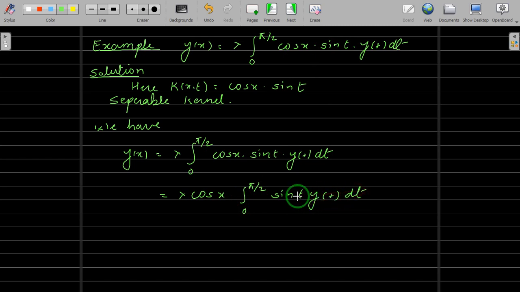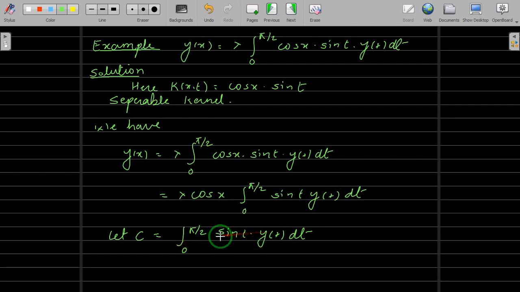You cannot take sin t outside because you are integrating with respect to t, and sin t is a function of t. That's very simple, common sense. So next we take whatever integrals we had as c_i. Now we have only one function, so let c be equal to integral 0 to pi by 2 of sin t y(t) dt.